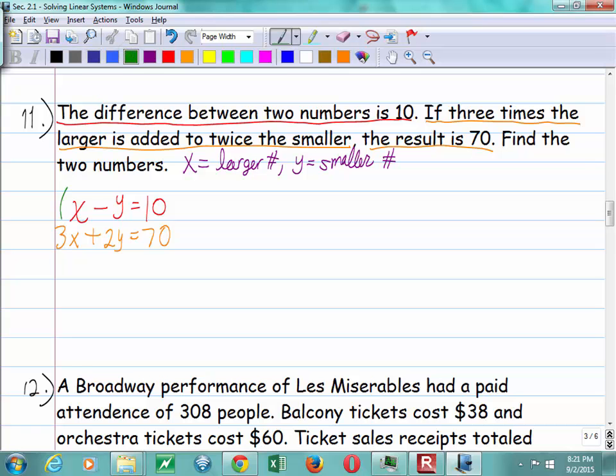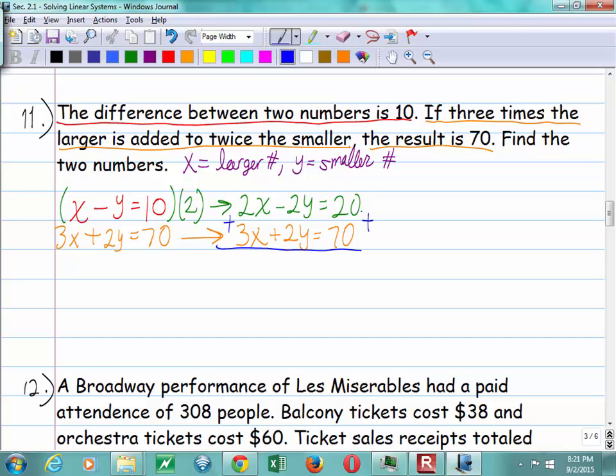So I would just go ahead and multiply the first equation by 2, which would give me 2x minus 2y equals 20, and then bring the second equation over, which is 3x plus 2y equals 70, and then add these two equations together.